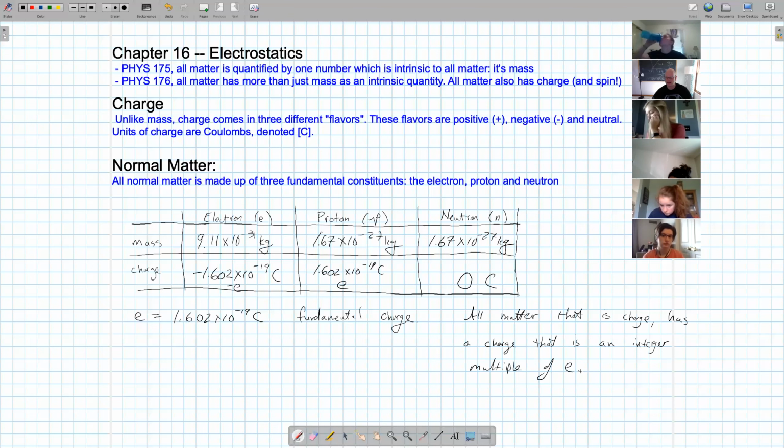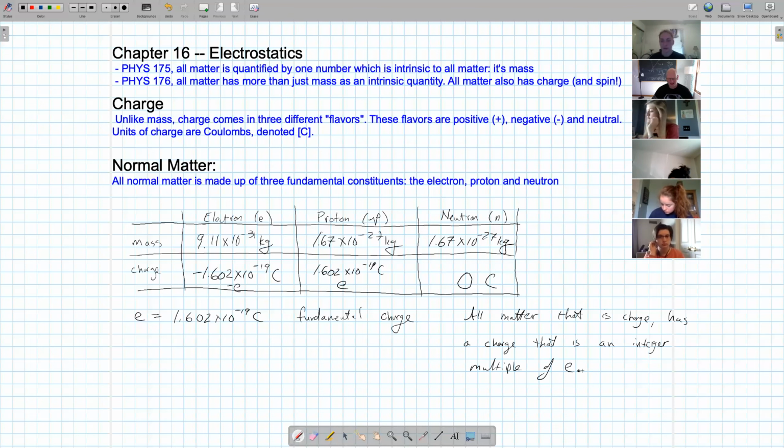We'll talk about why that is in a little bit. But basically anything that's charged is either going to have an excess number of electrons or an excess number of protons, which means that the amount of charge that the object has is then an integer multiple of this fundamental charge.